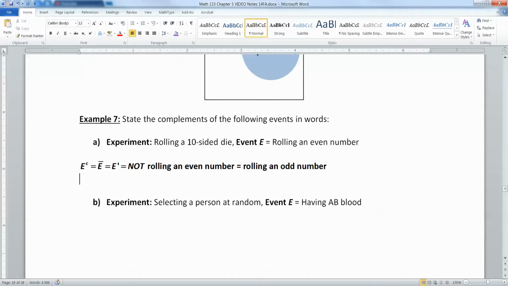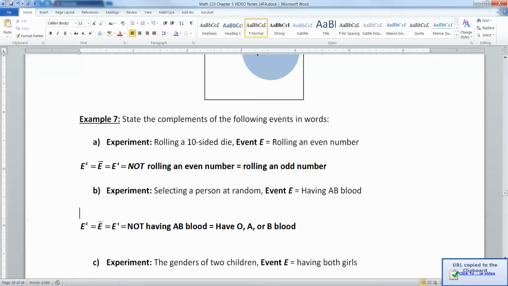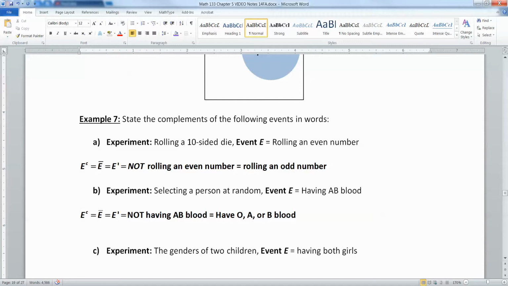If rolling an even number is your event, rolling an odd number is your complement. All right, what about you want to select a person at random, and event E is that they have AB blood. So then the complement of that is that they do not have AB blood. And you could say that, or you could say they have A blood, O blood, or B blood, right? The other three main types.